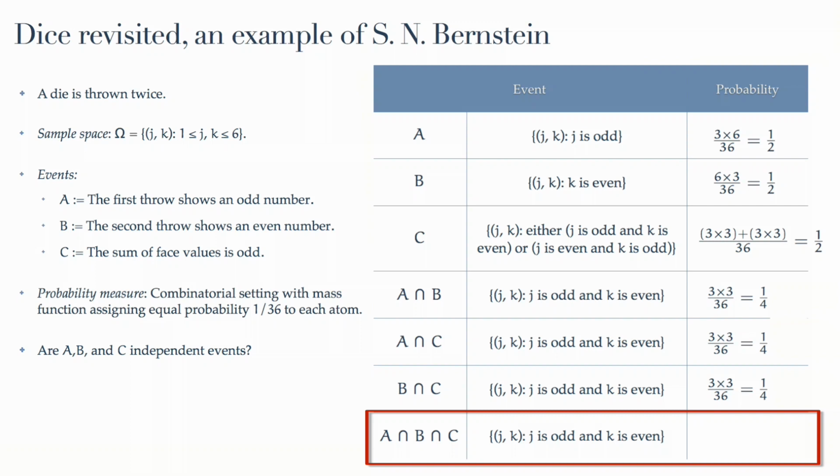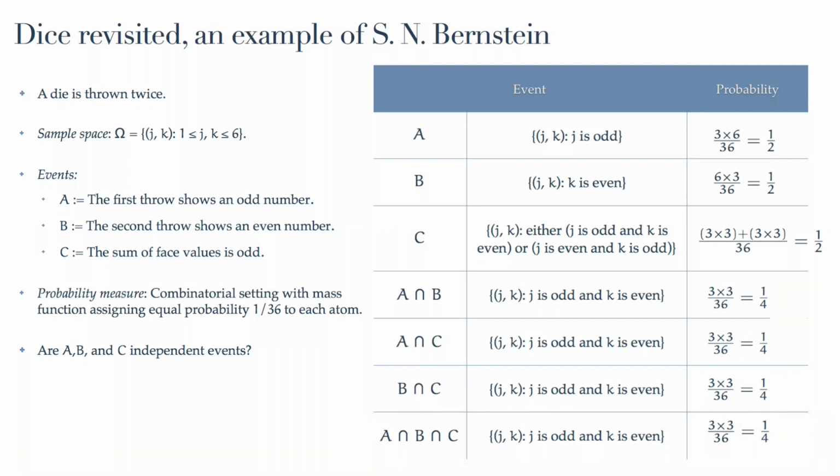This is another way of saying that the event A intersection B is contained in, or implies the occurrence of, the event C. And therefore, A intersection B intersected with C is just A intersection B itself, which means that A intersection B intersection C consists of all pairs where J is odd and K is even, and there are exactly 9 such pairs, which gives you a chance of 1 in 4.